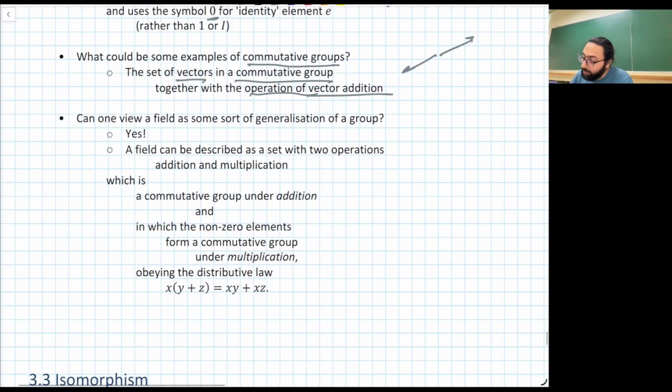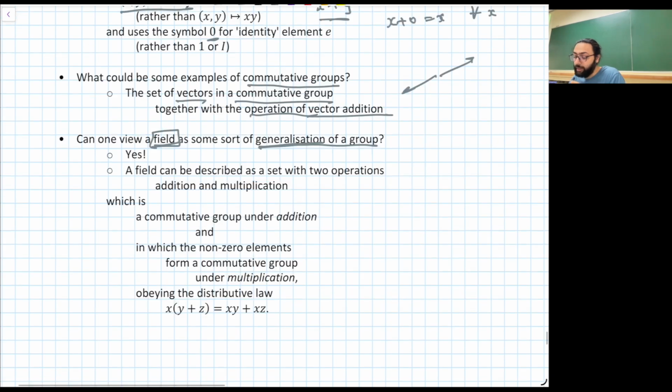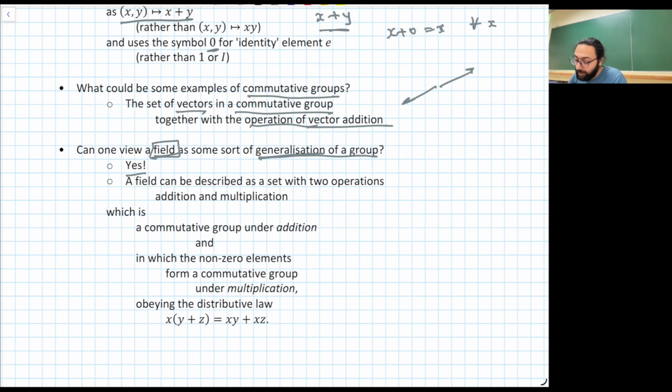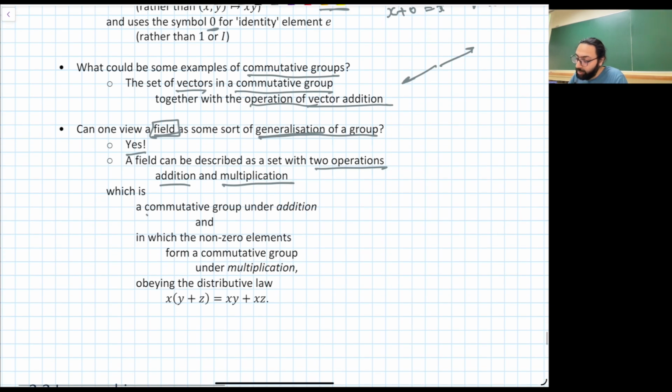So, okay, and one can view a field as some sort of generalization of a group? That's one last thing that they're asking. So the answer is yes, right? Because a field can be described as a set with two operations, addition and multiplication, right? Which is what we did. It is a commutative group under addition, and the non-zero elements form a commutative group under multiplication.